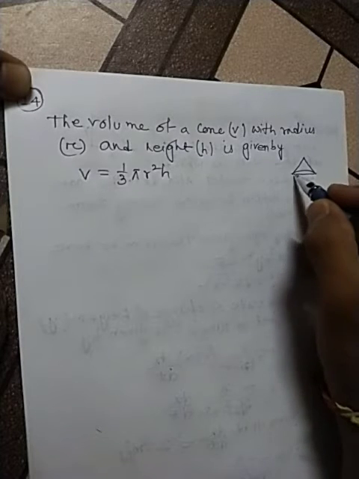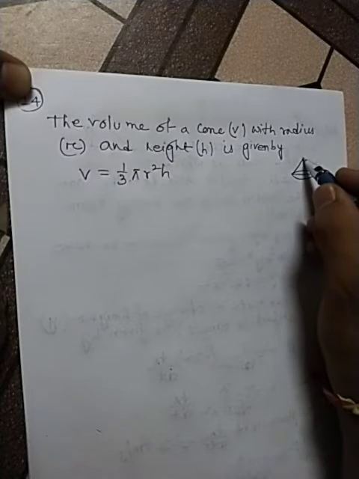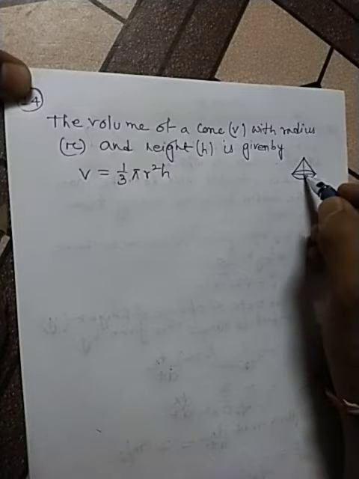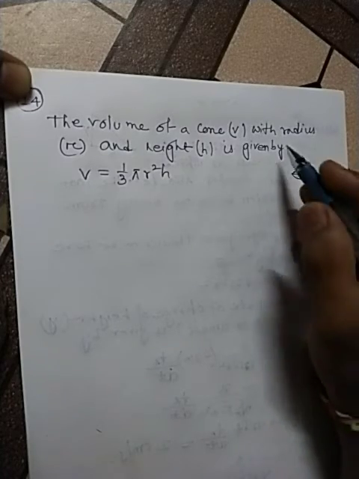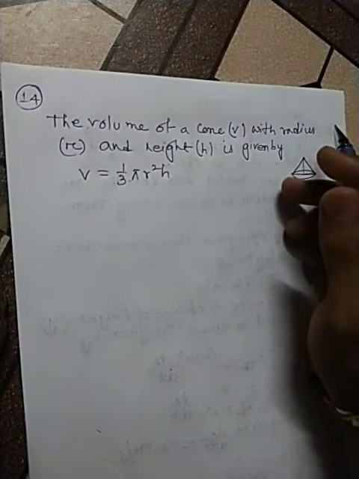This is the height h, this is the radius r, and V is the volume of the cone.